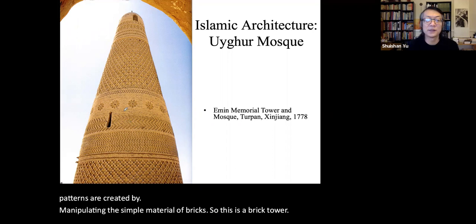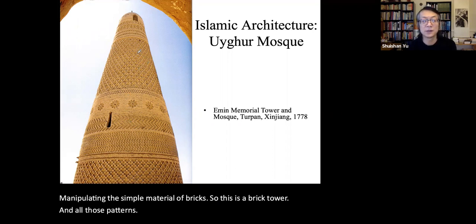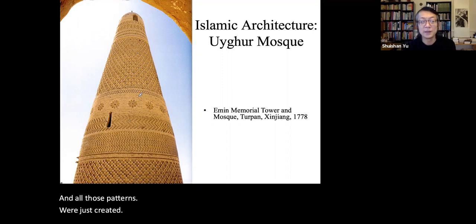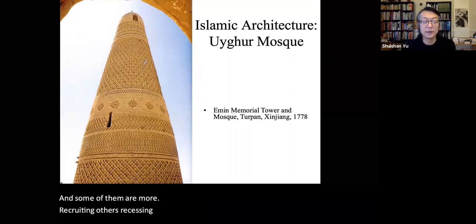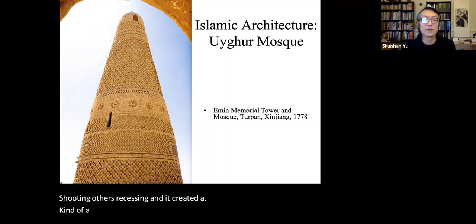and all those patterns were just created by lining the bricks in different angles, and some of them are more protruding, others recessing, and it created a kind of three-dimensional pattern on the surface of this minaret.